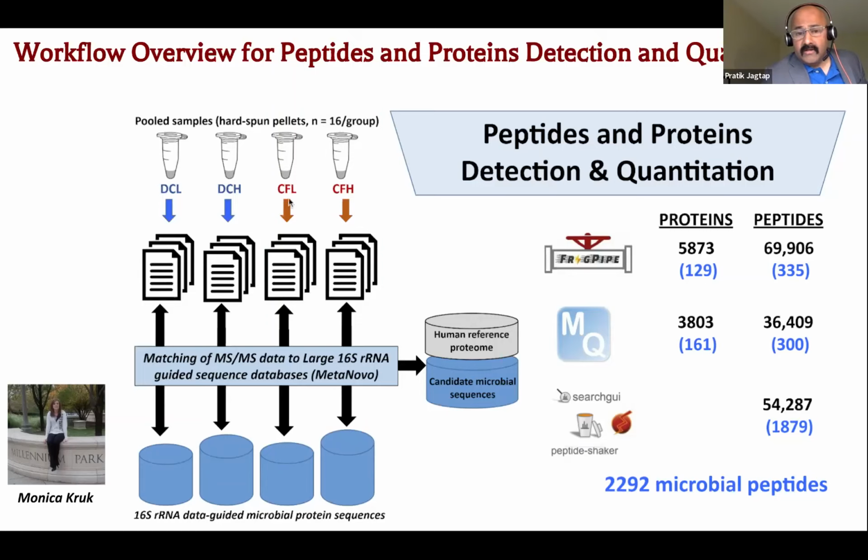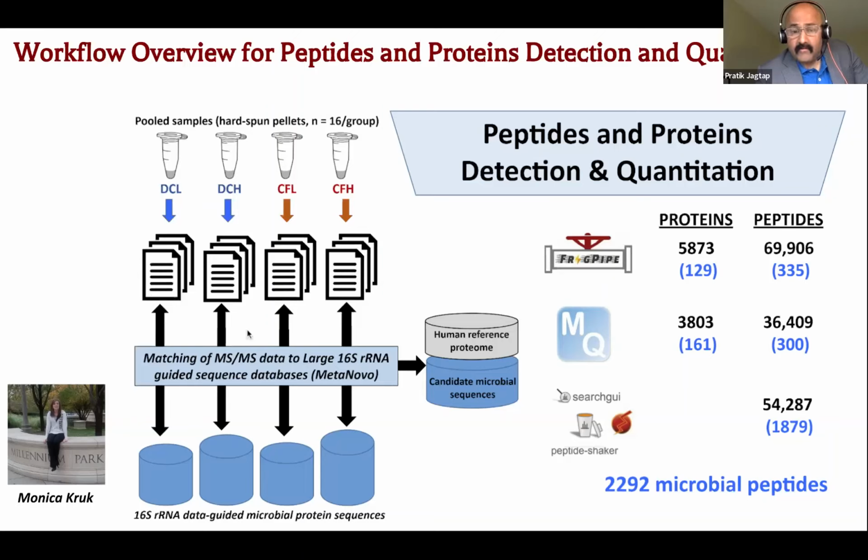Shown here are CF samples, and the L here stands for samples with low microbial diversity, and H stands for those with higher microbial diversity. And DC are samples from disease patients, but they did not have any cystic fibrosis signs. So based on this, we basically had these four kinds of samples.